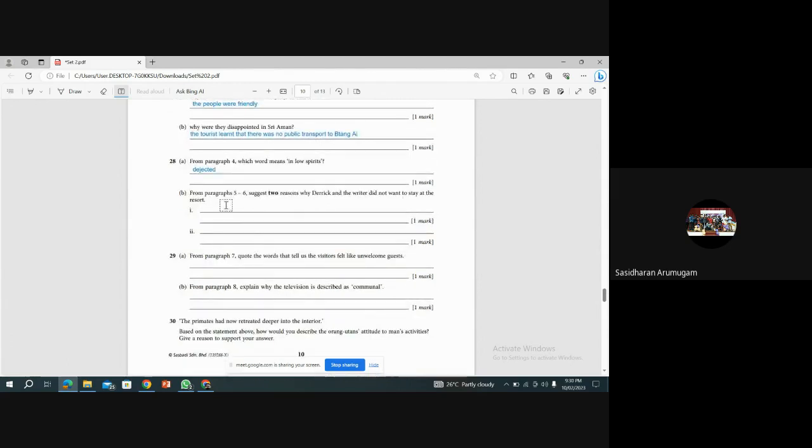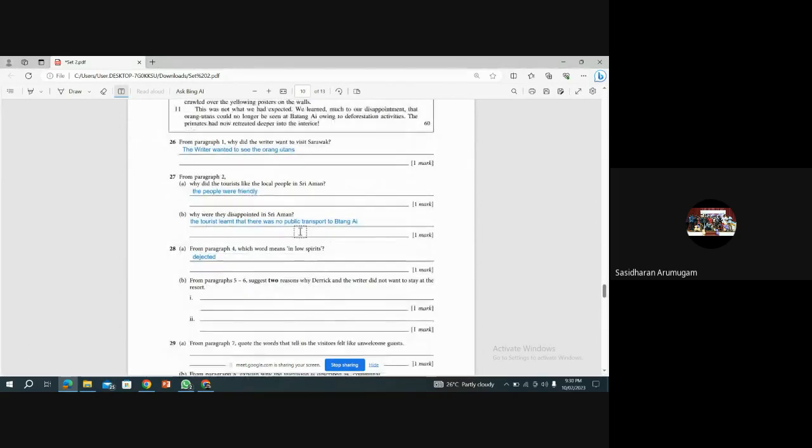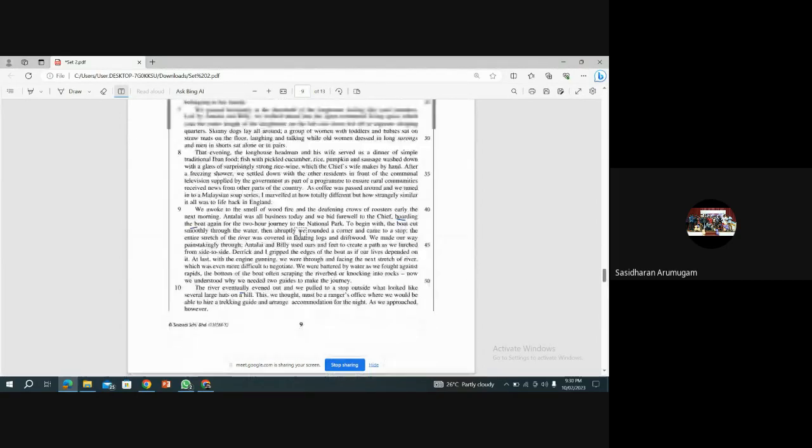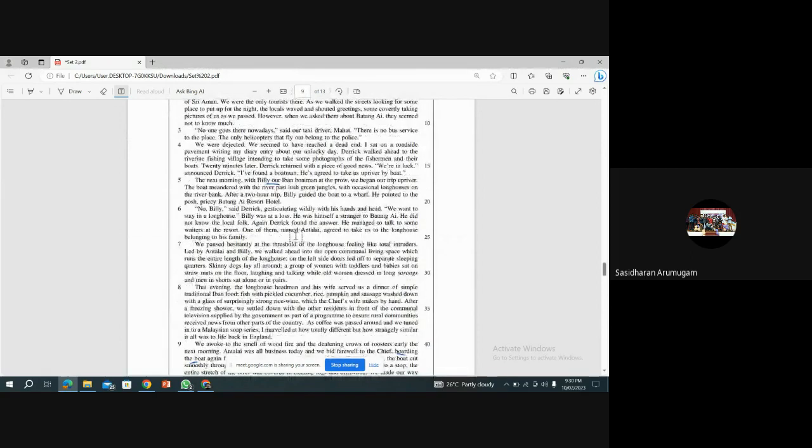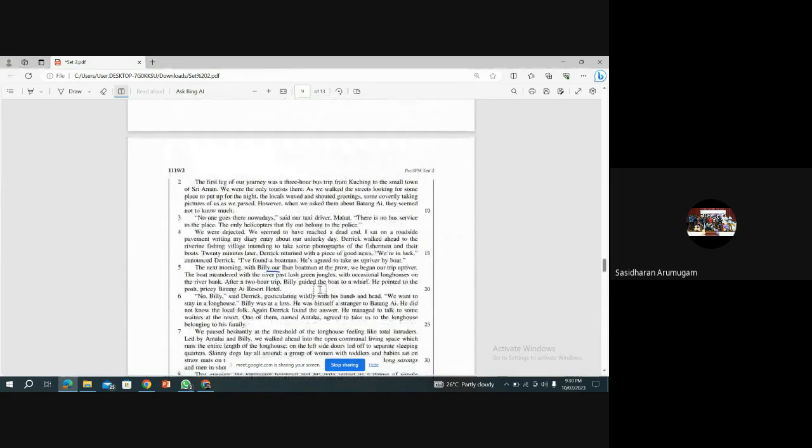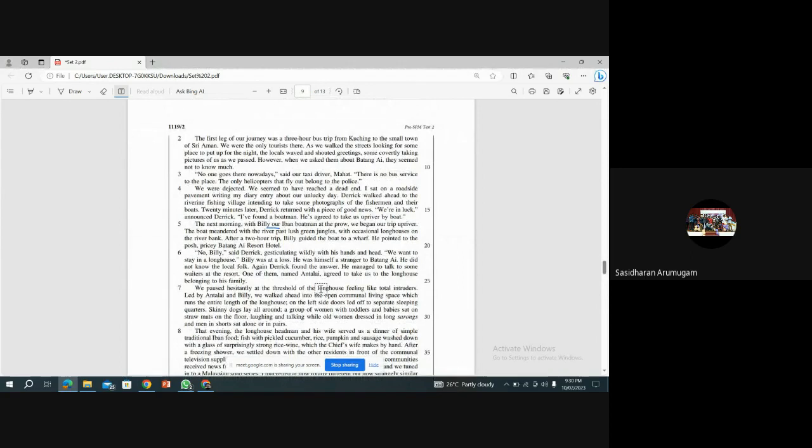Okay, B, from paragraph 5 to 6, suggest two reasons why the writer did not want to stay at the resort. Why? Lush green jungle and occasionally longhouse on the river.